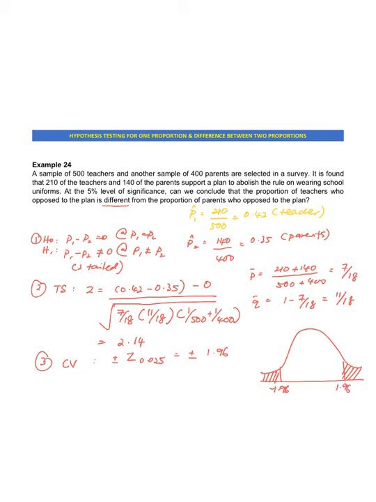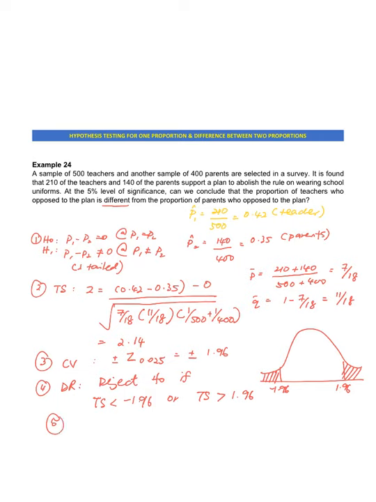So the decision rule is reject H naught if the test statistic is less than negative 1.96 or the test statistic is greater than 1.96.